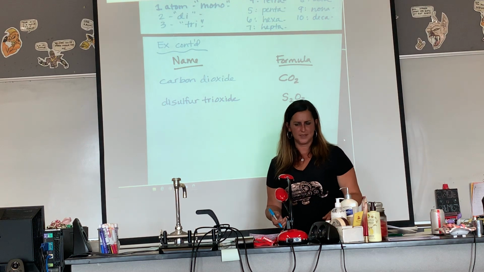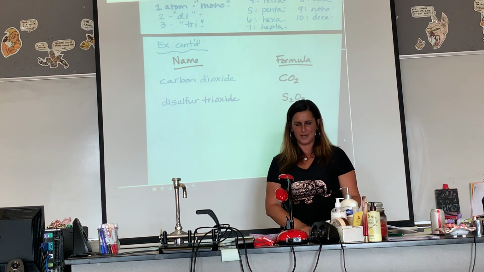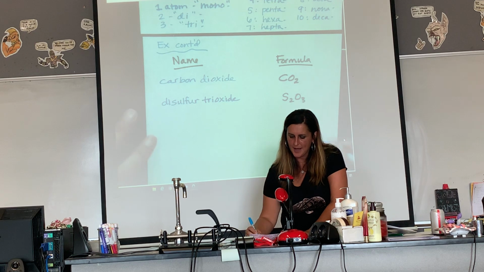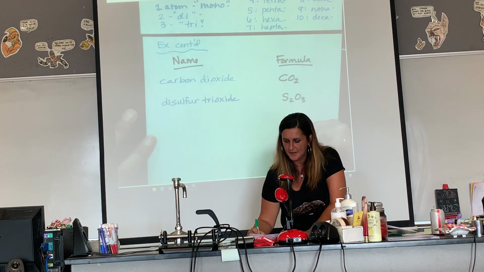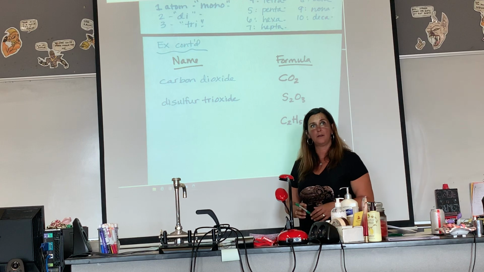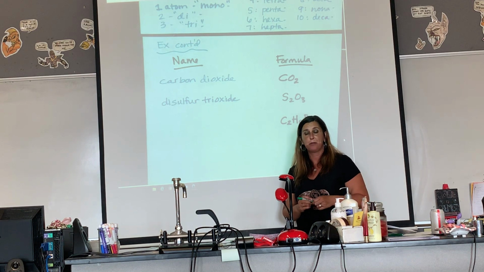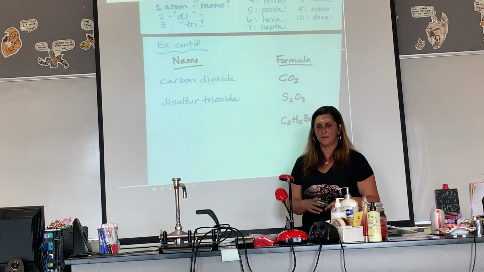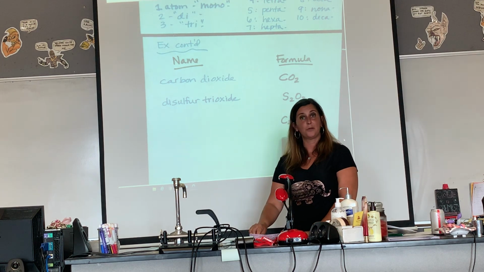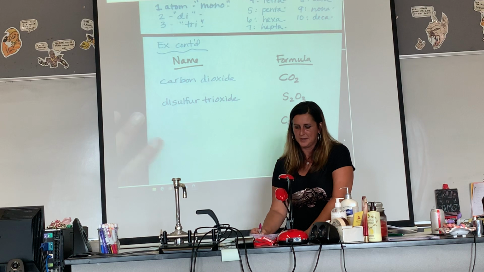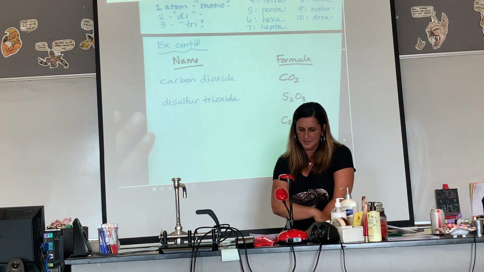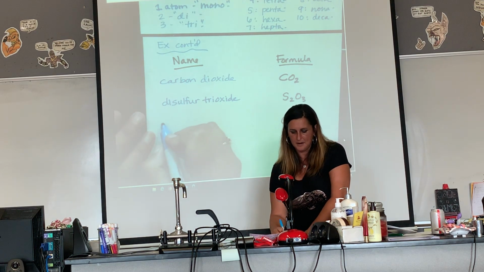We're going to do one more that's a little bit more challenging. So we'll try C2H5Br. So that's an example of a substance that's made of 3 different elements, and we're just going to go through and name it using our rules. So we have 2 carbons here, so that's going to be dicarbon.